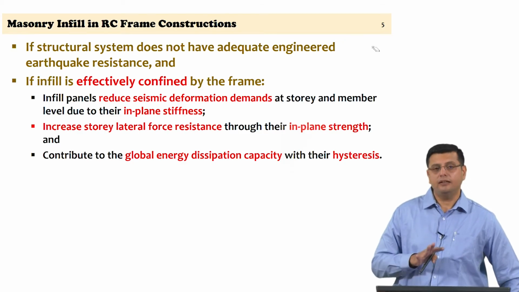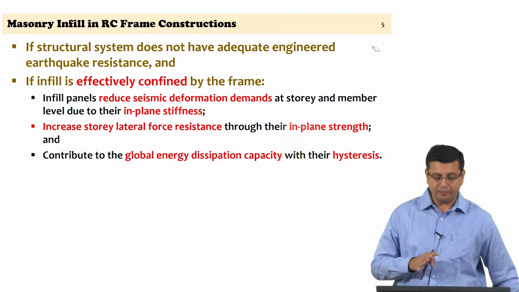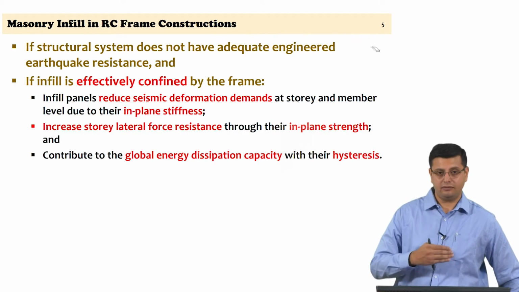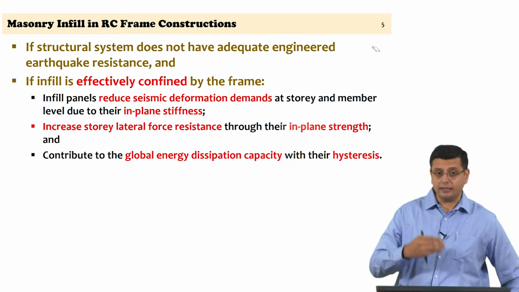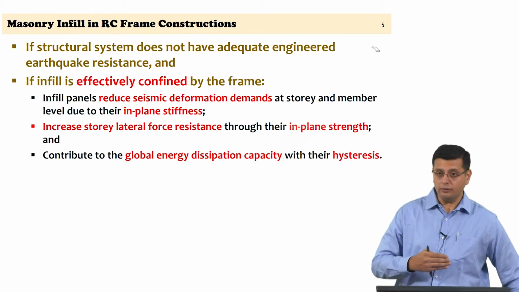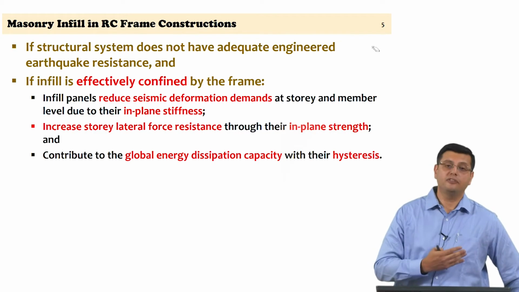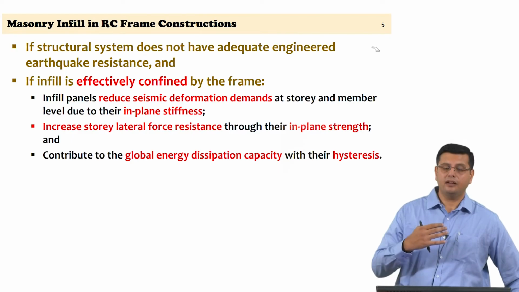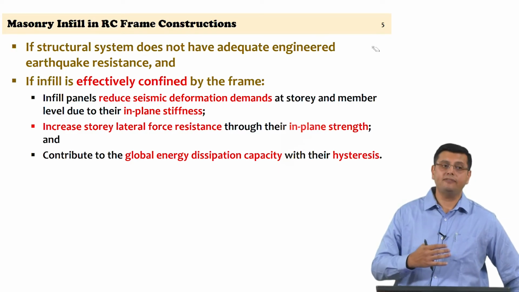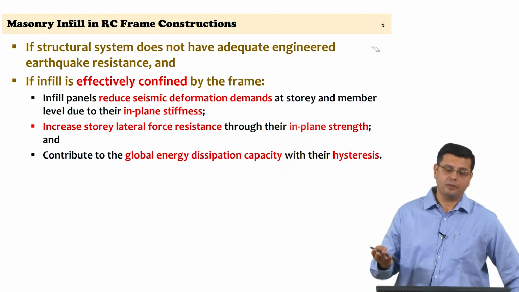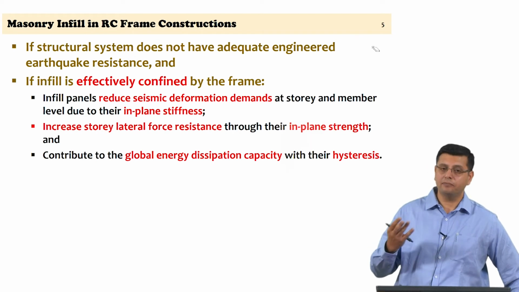But the problem comes when you have good quality infill panels, panels which are constructed well, strong in comparison to the lateral strength of the frame itself. On the other hand, you might have poorly constructed infill panels with poor quality bricks or poor quality material.